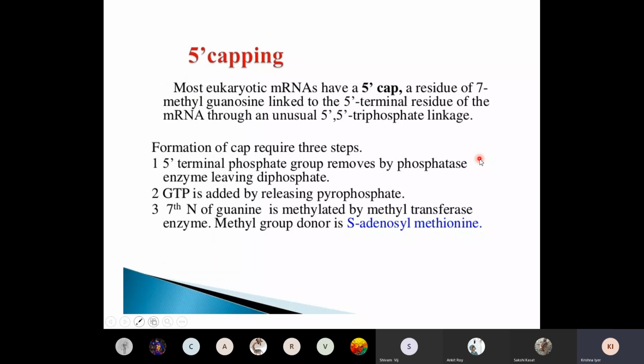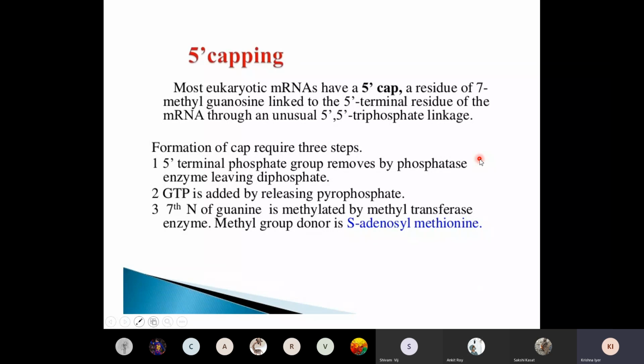Now as part of modifying the RNA after transcription, or as part of what is called PTM, post-transcriptional modification, in eukaryotes, a very unique cap is also put at the 5' end of the RNA that is made.